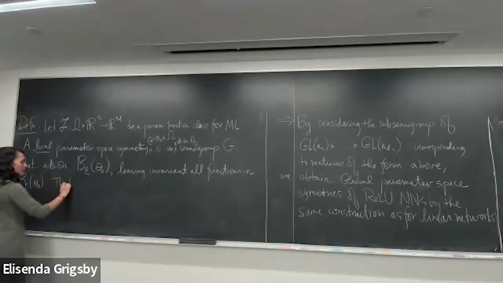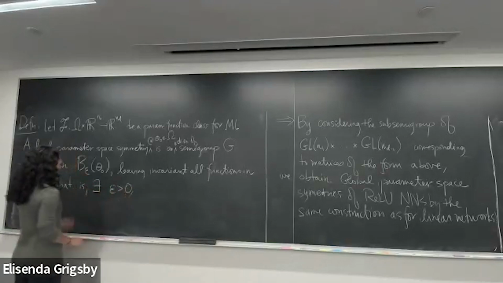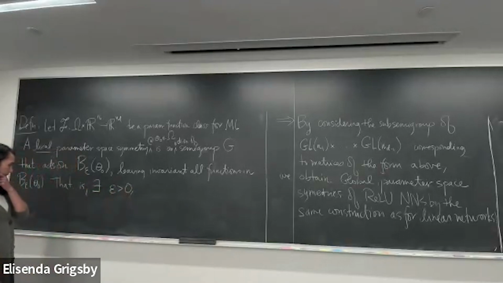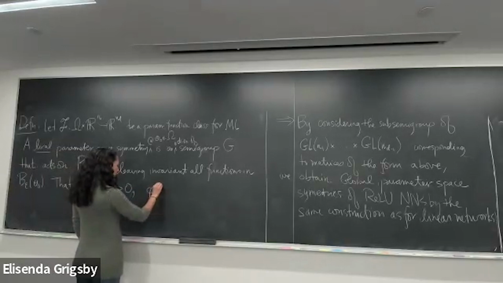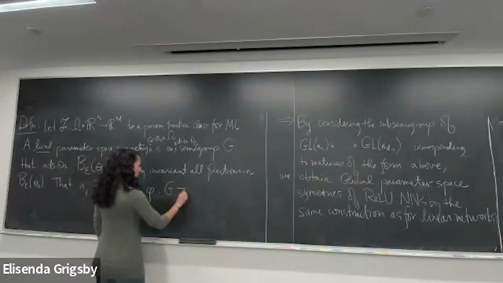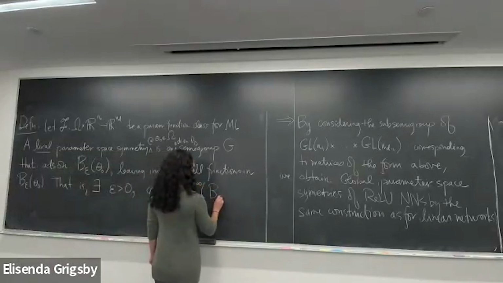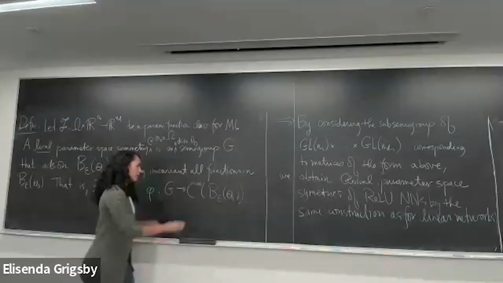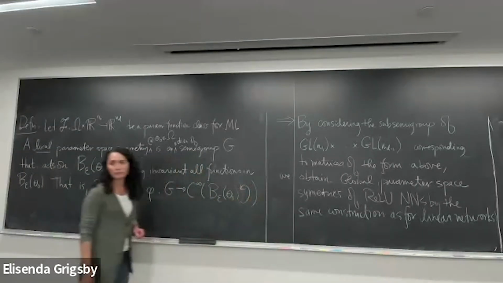So in other words, there exists an epsilon greater than 0 and a representation from G into the functions on this epsilon ball.